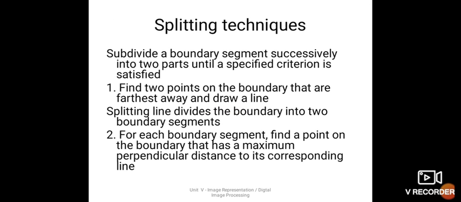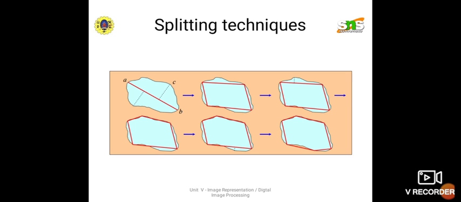Next, for each boundary segment, find a point on the boundary that has a maximum perpendicular distance to its corresponding line. So for the splitting line, we have to find a maximum value from that line. So C and another value at the other side of the line AB denote the values farthest from the line. Okay, so you have to draw that line.